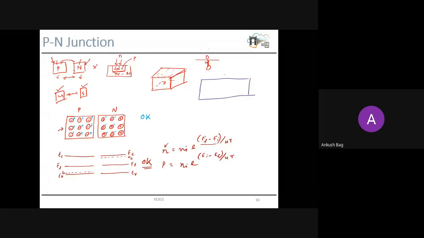Once again, I will not draw the entire junction.